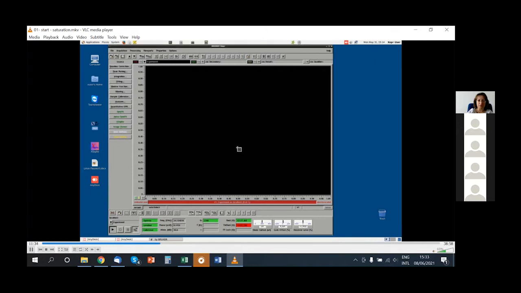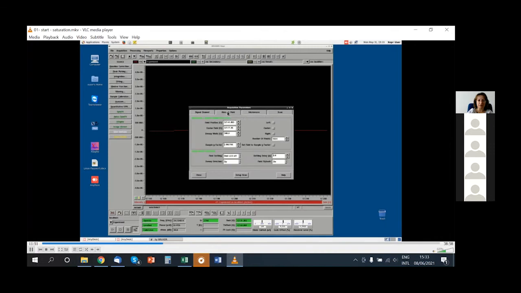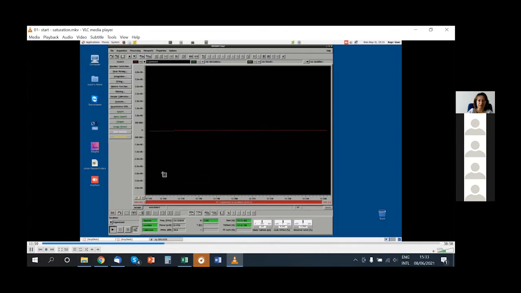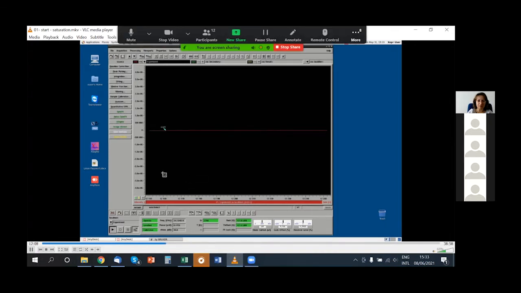So I have set some parameters and I can start the first spectrum. And this one should be optimized.